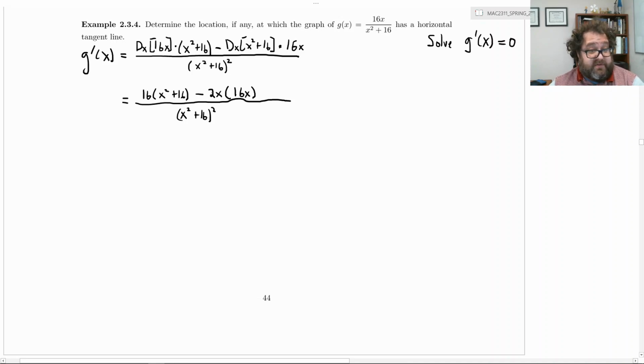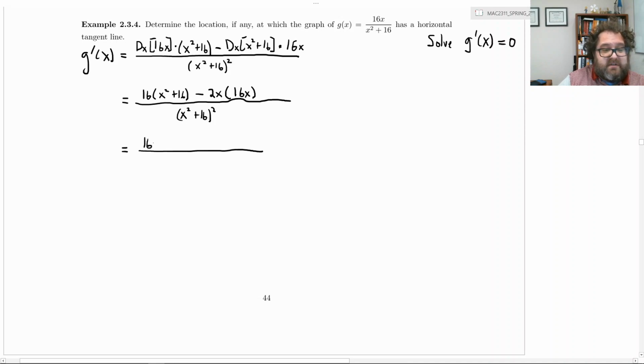Now, we've differentiated now. Since this won't take much work, I will distribute and collect like terms on the numerator. Since, again, it doesn't really take much work to do that here. And that's going to be necessary anyway because we're about to solve this derivative set equal to 0. So we will need to clean up the top anyway. So let's see. 16, distribute here, 16 times x squared.